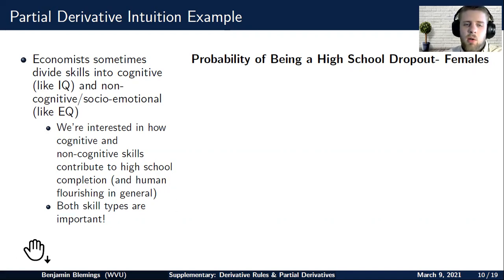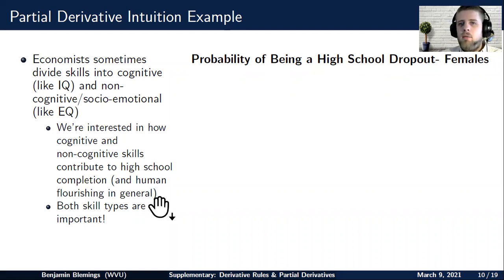And so we're interested in both how cognitive and non-cognitive skills contribute to, say, high school completion, and other outcomes in general. And so I probably don't have to make you believe that your other skills besides just your IQ, things like your motivation and your communication and your leadership, are also probably important in how likely you are to complete high school.